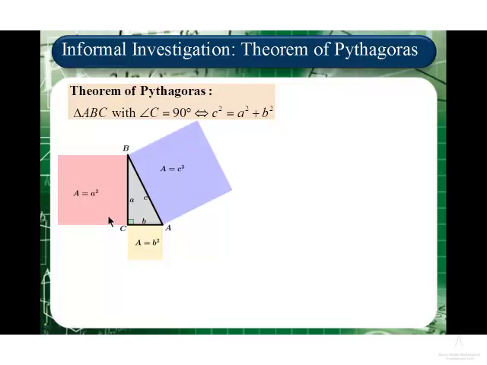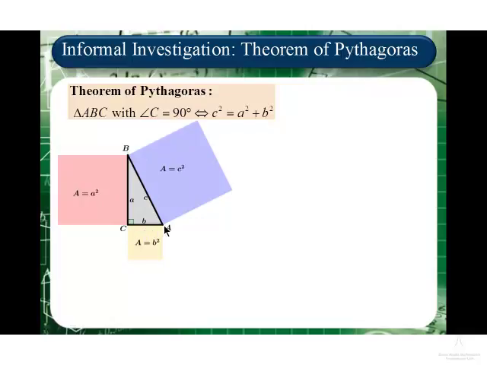I claim that the square on the side BC, that is, if I take this side length and I square it, I have this particular area that I create, the square area. The square in this case is a squared, that's the area of this pink part, the square on the side BC.